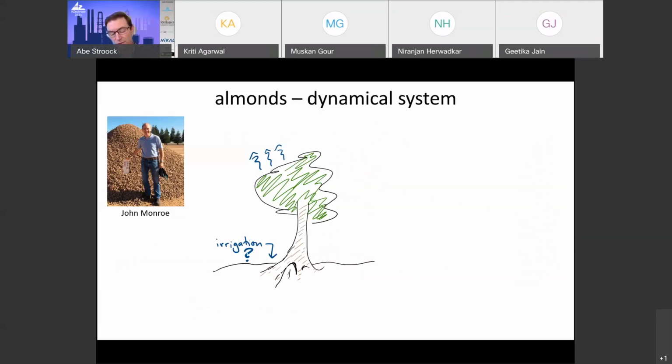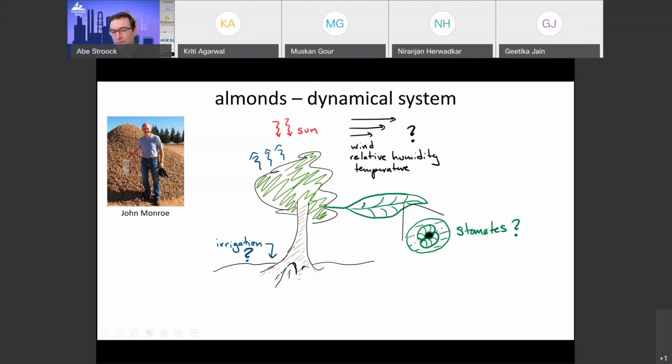And just for reference, the Central Valley of California is really almost desert conditions where they have access to water, and so they can do agriculture if they give the right amount of water. So a grower like John Monroe has to worry about the complexities of the atmosphere, the complexities of the biology, making decisions about the compromise between carbon dioxide and water.